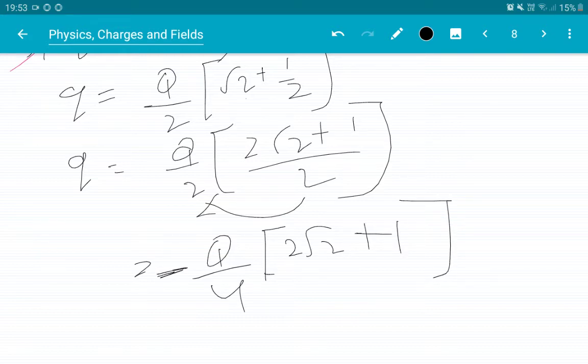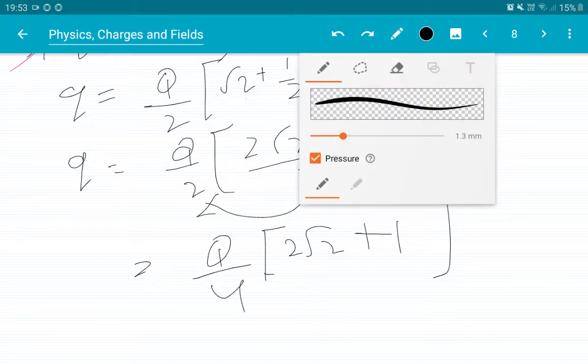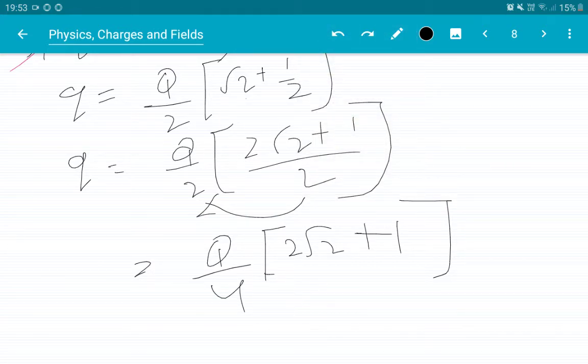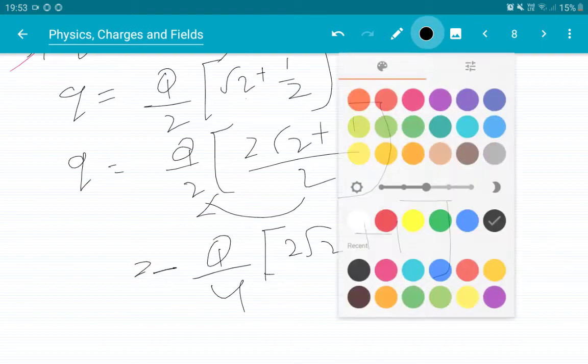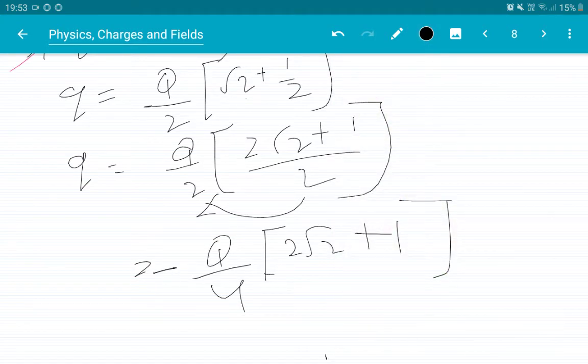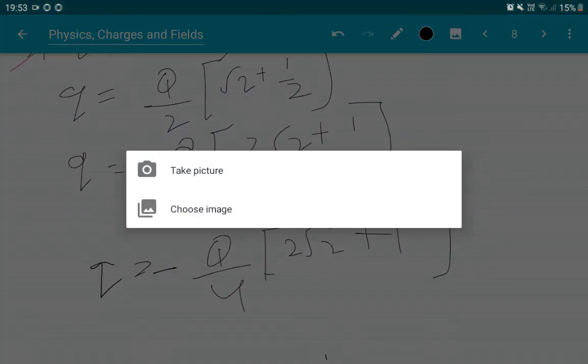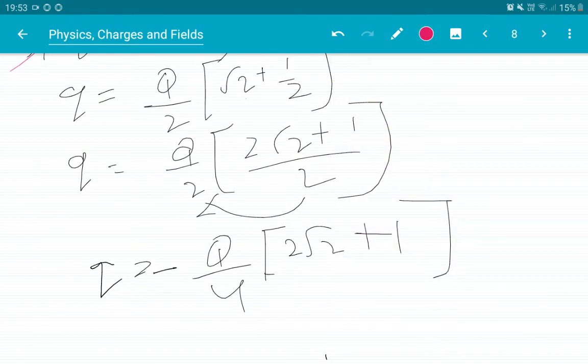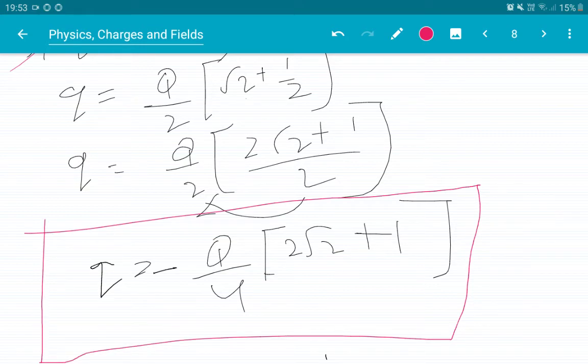Why this minus? You know why this minus? This minus is due to the opposite direction. This is our answer.